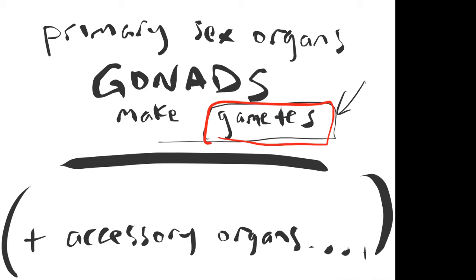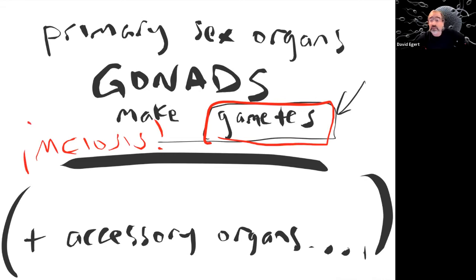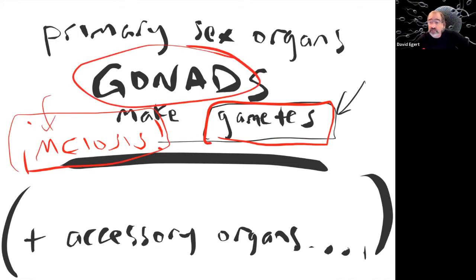Meiosis. It's going to be meiosis. So we need to talk a little bit about meiosis. And again, meiosis is only happening in the gonads, in the testes, in the ovaries. It's the only time you have meiosis going on.